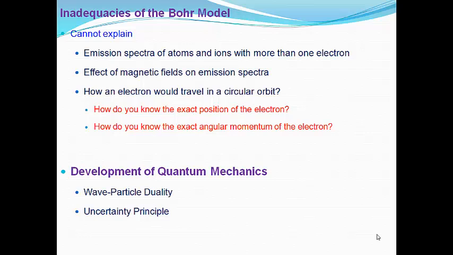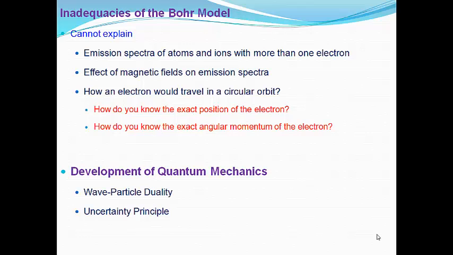And because of the uncertainties with respect to this model, there's need to find a more sophisticated model for describing the atom, and that really requires the development of what was described as quantum mechanics, which basically incorporated two concepts: the concept of wave-particle duality and the concept of uncertainty, or the uncertainty principle.